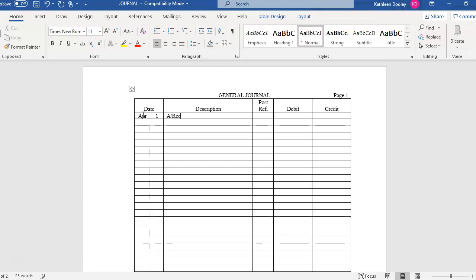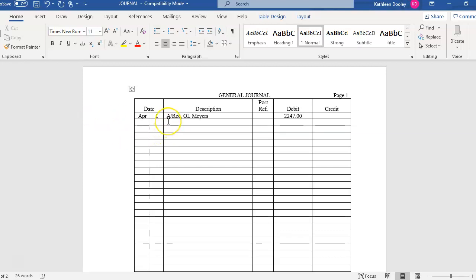So we're going to be debiting accounts receivable. And we also have to put the name of the customer on there, which is O.L. Myers. And that was the 2100 plus the 147, so that's 2247 is how much O.L. Myers, the customer, owes us.